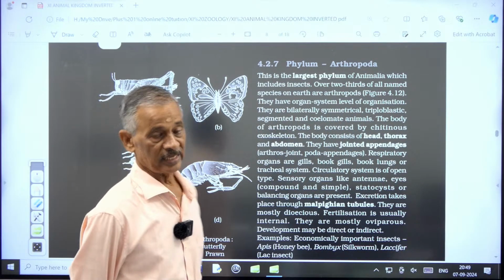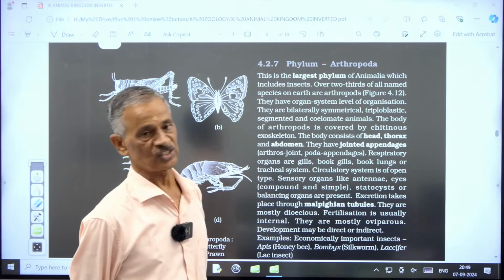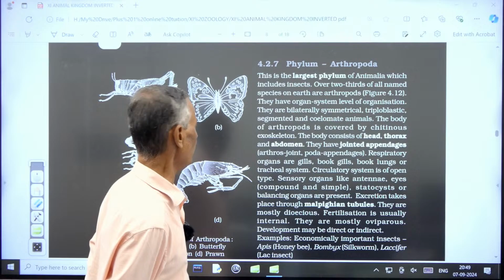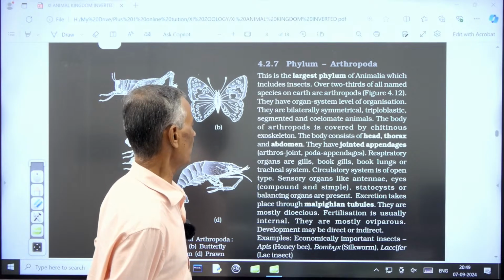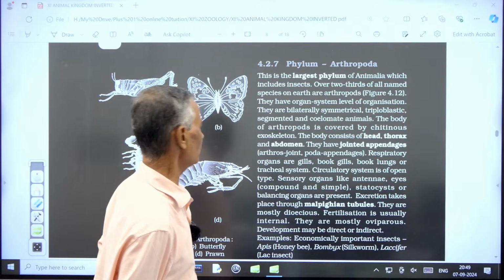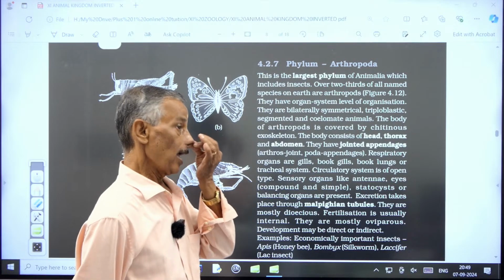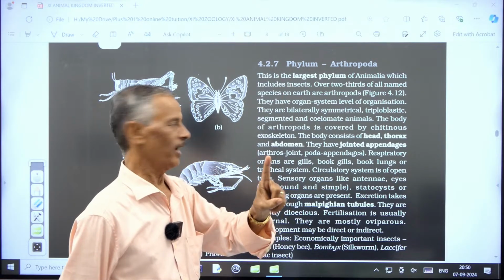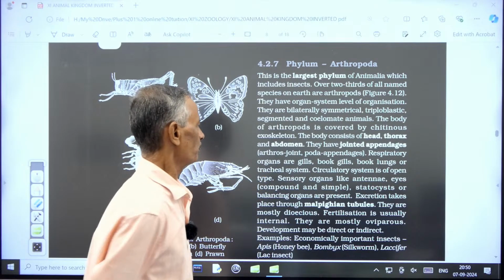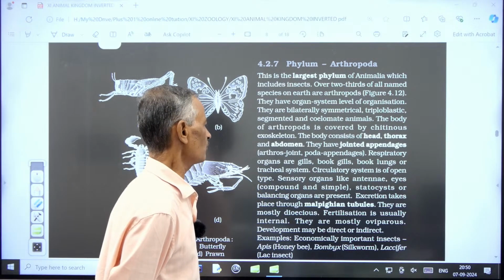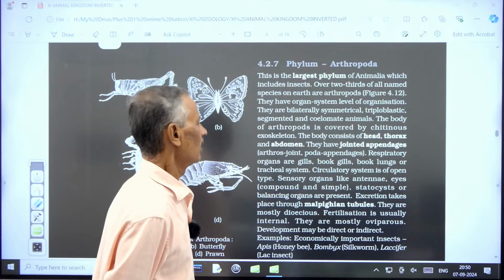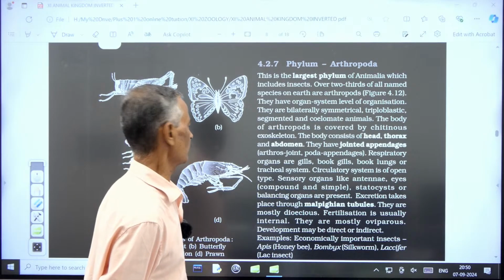Since they are having better developed nervous system, they are having sensory organs like antenna, eyes. Eyes may be compound eyes or simple eyes. എന്താണ് ഒരു കോമ്പൗണ്ട് ഐ? അനേകം ചെറിയ ചെറിയ ഐകൾ ഉണ്ടാക്കിയിട്ടുള്ള ഒരു ഐ ആണ് ഒരു കോമ്പൗണ്ട് ഐ. Then balancing organ is called statocyst. These are all sensory organs that are present.